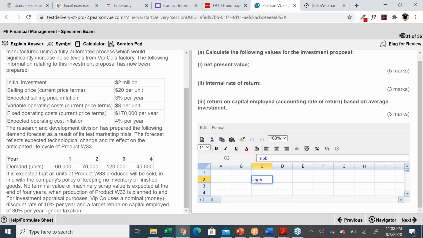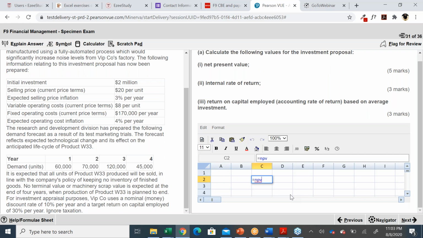When I write NPV, it does not give me any hint, which means if I have to apply the NPV formula, I have to remember the whole structure of the formula, right?